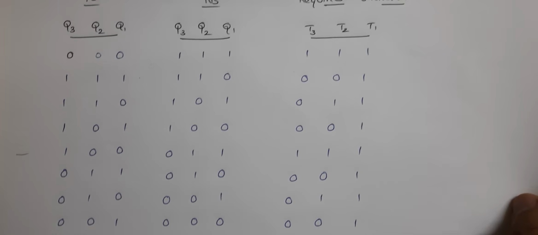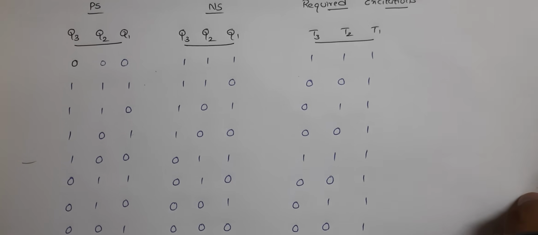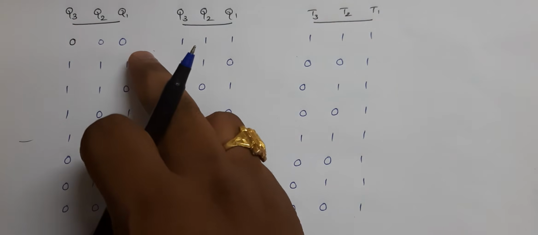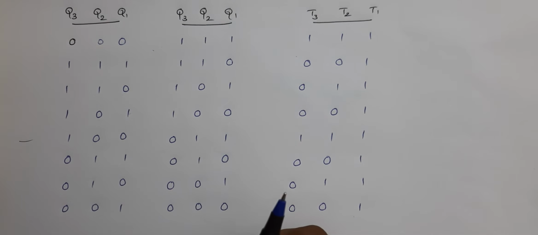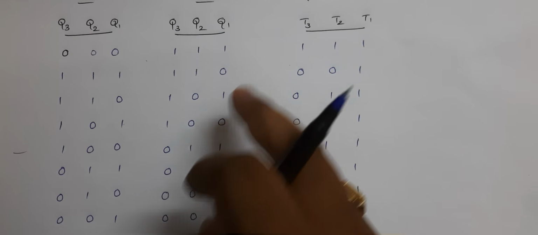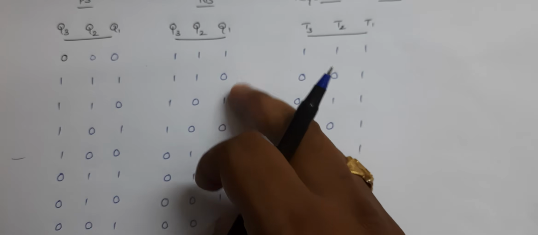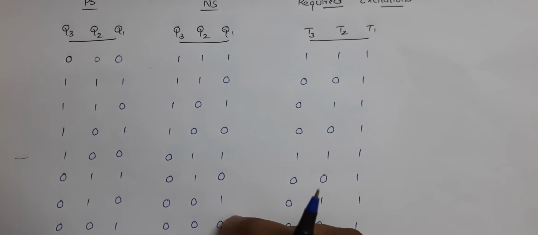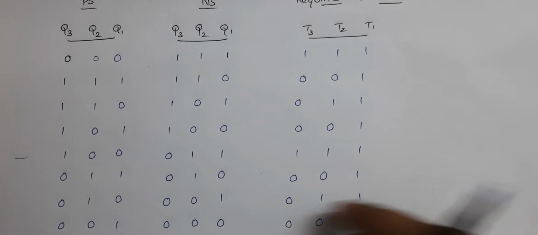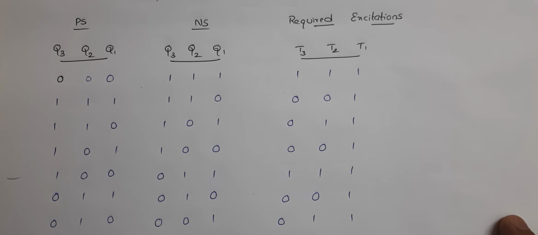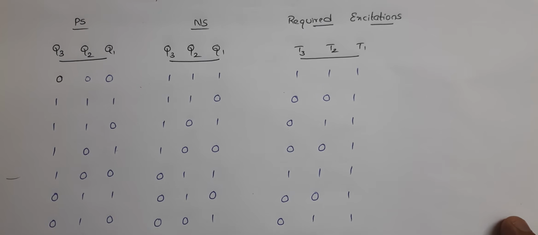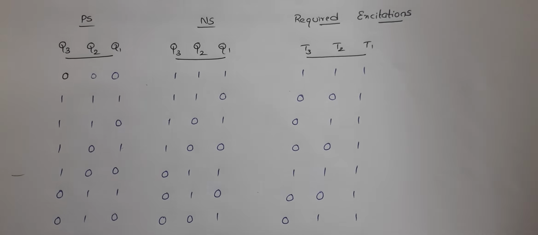Observe that the present state counting sequence is 0 and then 7, 6, 5, 4 and so on up to 1. The next state outputs are also 7, 6, 5, 4 and so on up to 0. The counting sequence is decreasing every time, and we filled the required excitations for the T flip-flop inputs T3, T2, T1 by using the excitation table of T flip-flops.